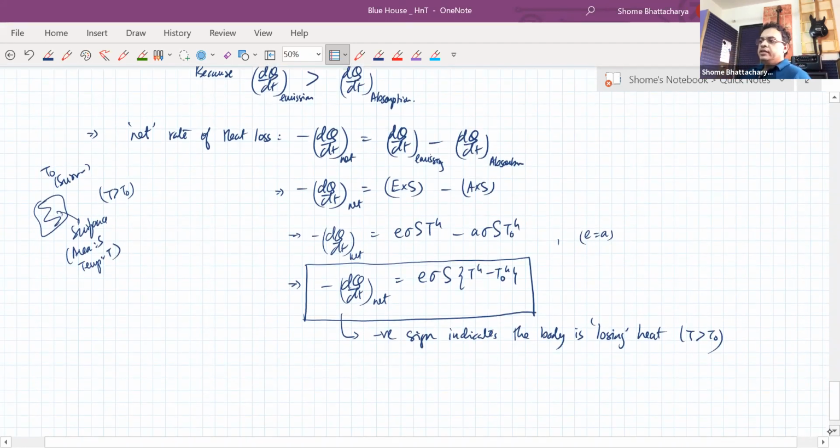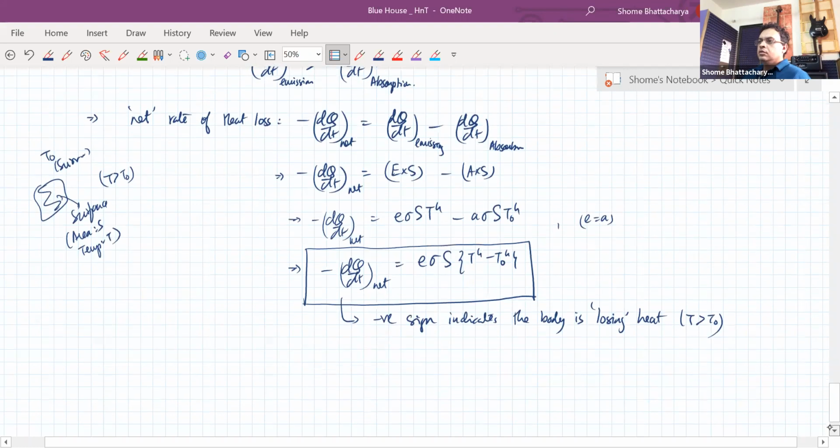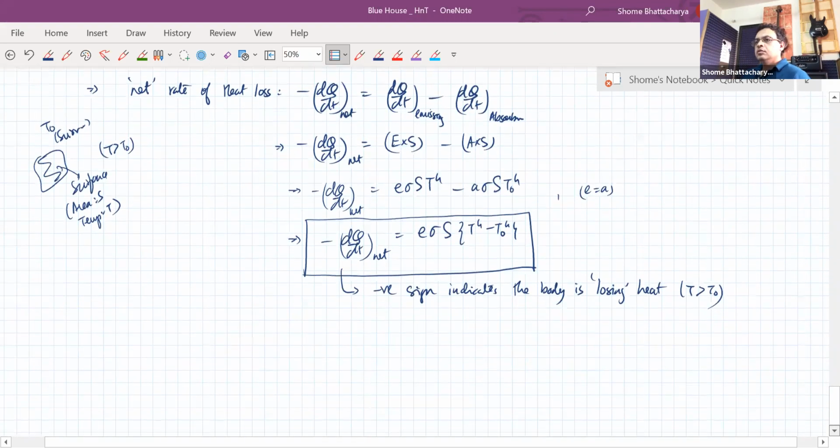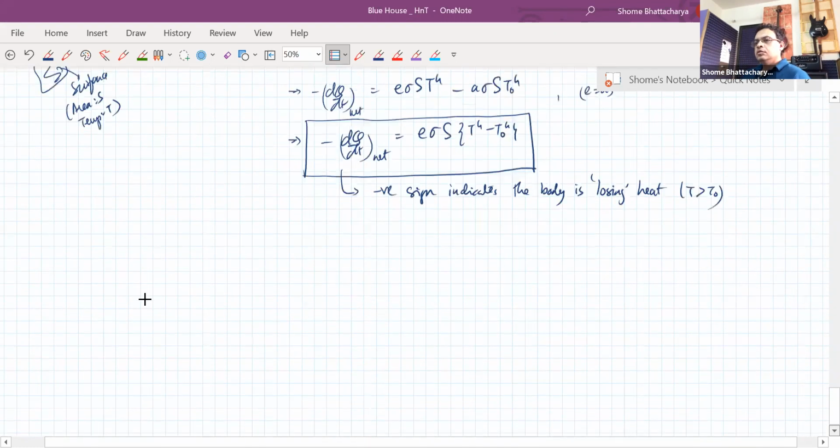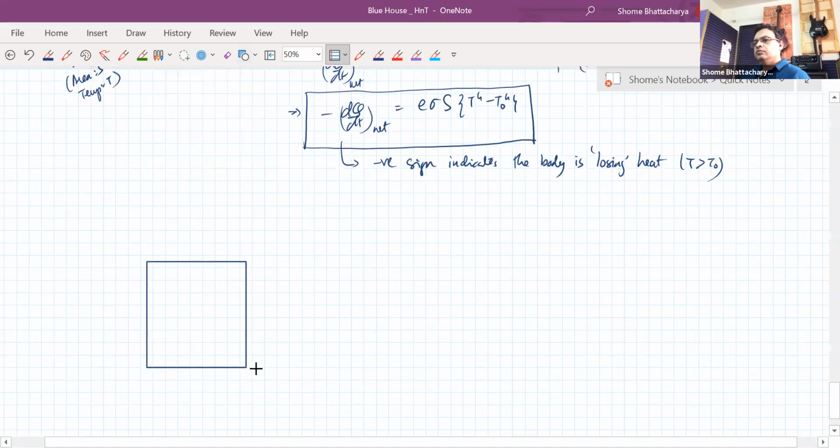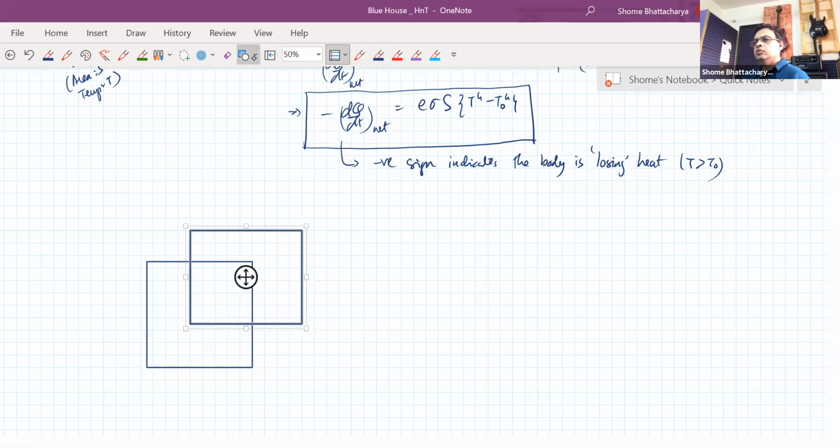Okay, so let's look at an example of this. We have, let's say, a solid metallic cube, which is at some comparatively higher temperature.